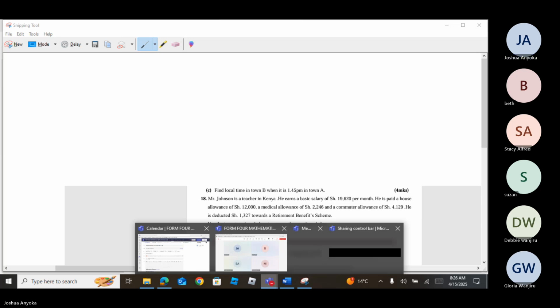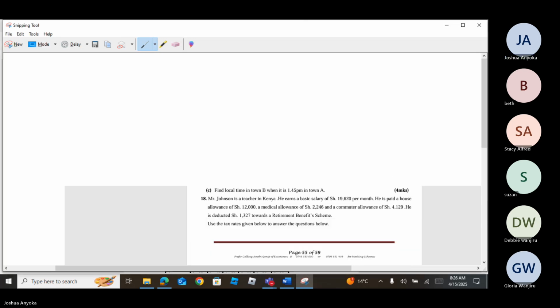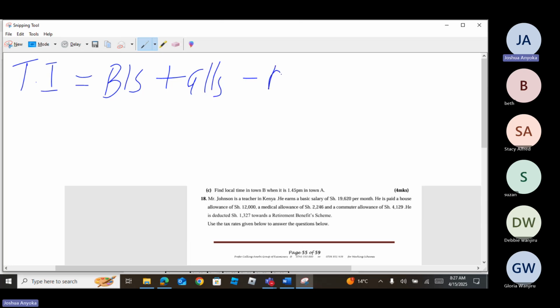One is whether the person is housed by the employer. You read through the question and see there is nowhere we are told that the person is housed by the employer. So we adopt the formula for when somebody is not housed by the employer: basic salary plus allowances, less nominal rent.